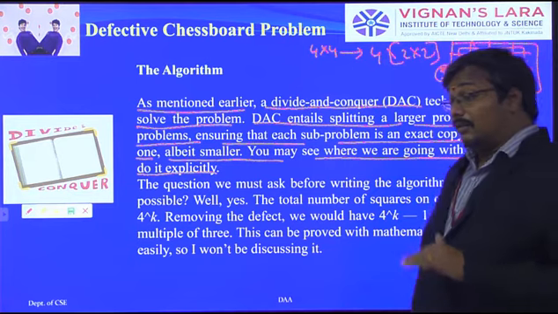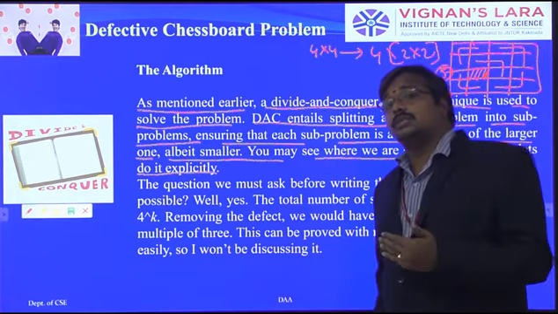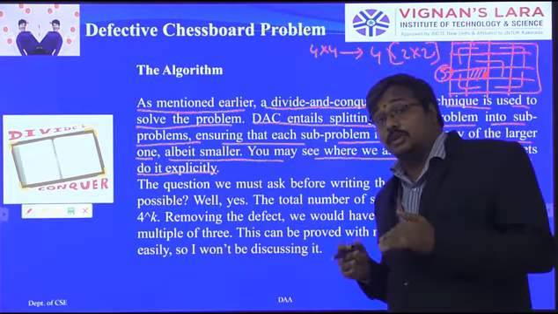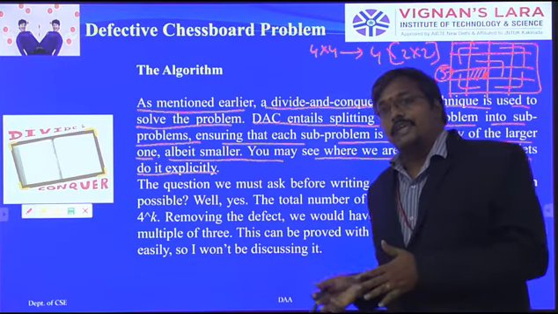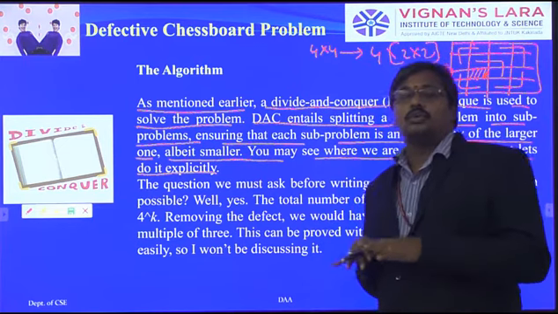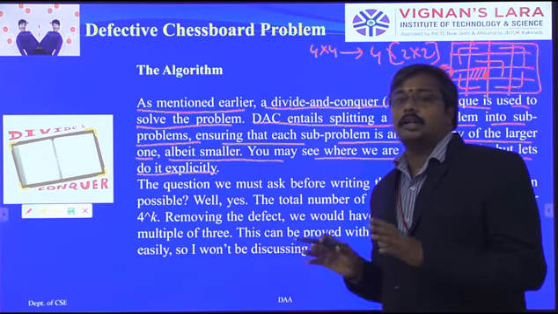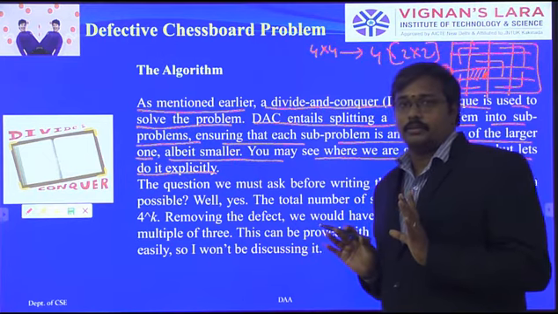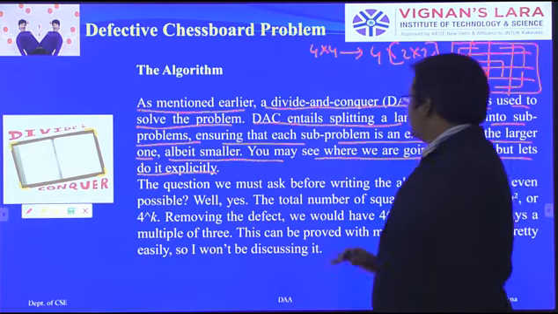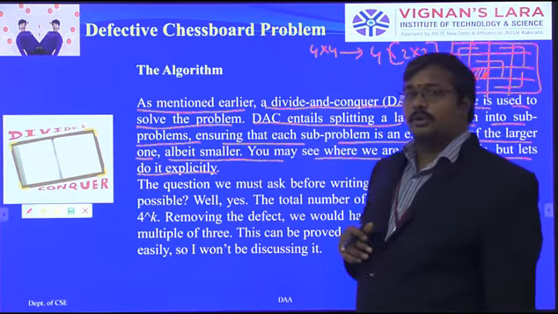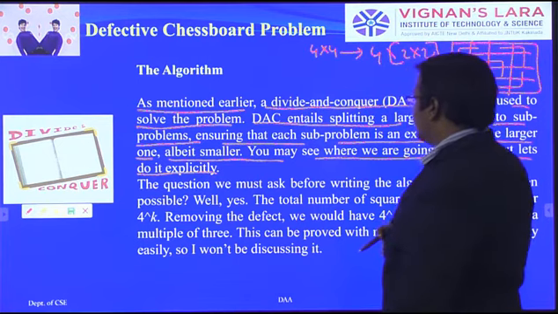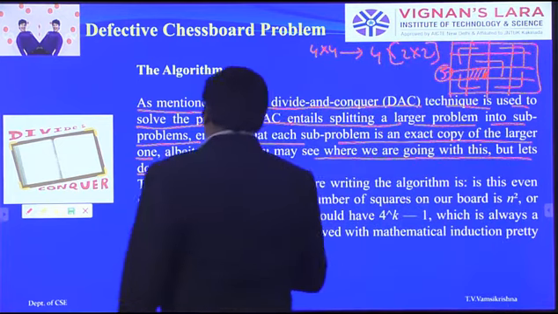Like that, you can randomly choose the position of the defective tile at any position, and we still need to cover all the remaining tiles with triaminos. That is the problem. Here also we are dividing the problem into 2x2 problems. Then we are solving. Then it is easily solved.